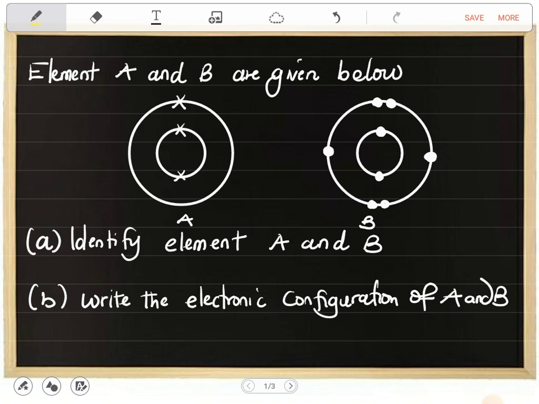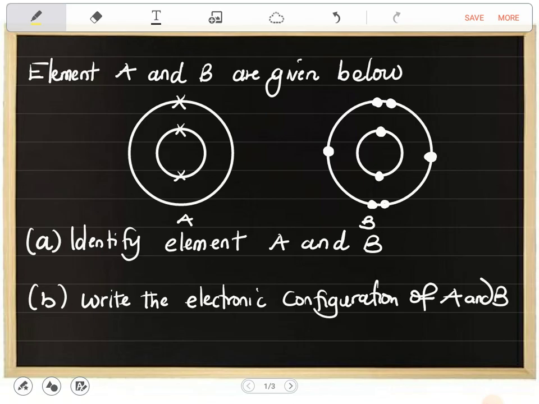So firstly, we are going to use a periodic table. I want you to get a periodic table wherever you are watching this from. Get a periodic table and start doing what I'm telling you.